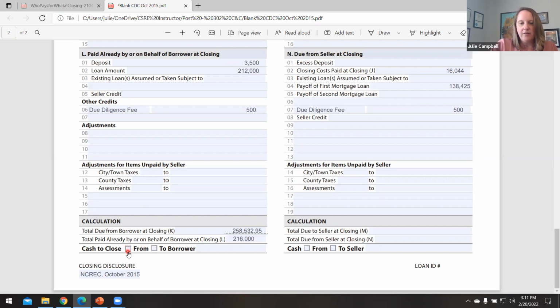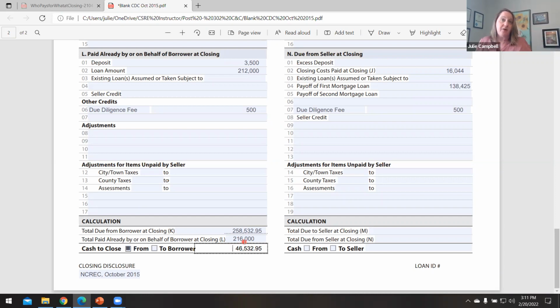And then we're going to figure their debits minus their credits. That tells us how much the buyer has to bring to closing. Debits minus credits.